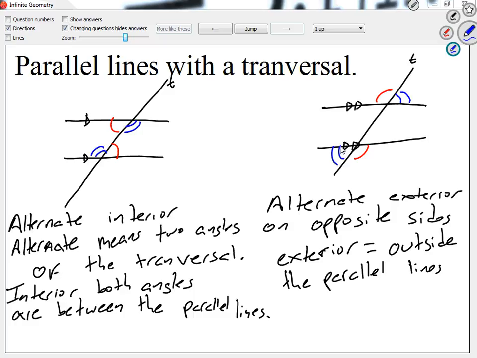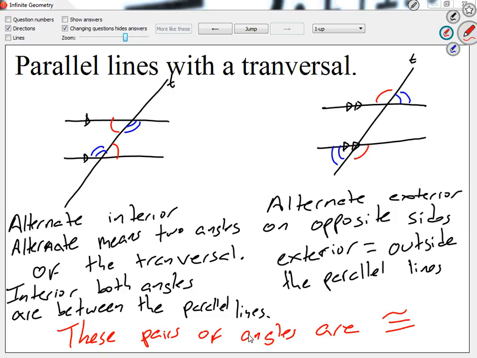The important thing about the alternates, alternate interior, alternate exterior, is that these pairs of angles are congruent. Keep in mind for congruent, I'm writing an equal sign with a wiggly thing on top. Let me pass out your worksheet while you guys finish writing that. That way we can get to work on it.